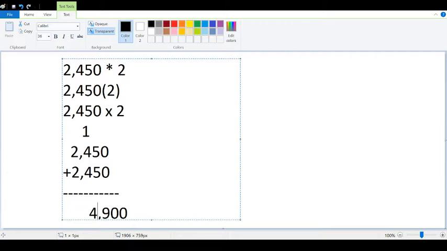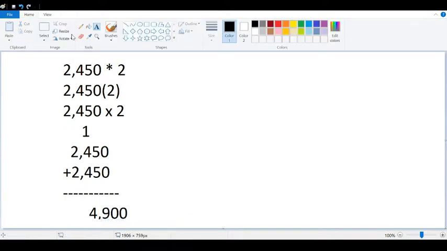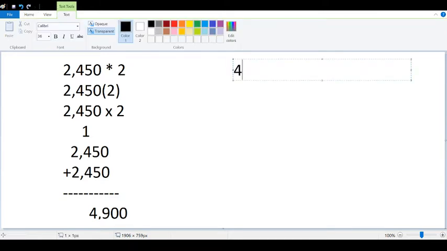So for instance, let's keep with this number, and let's take 4,900 and let's divide it by 2. Here's how you would denote division. /2, it can also look like a fraction, 4,900 over 2. But right now we're saying 4,900 divided by 2.